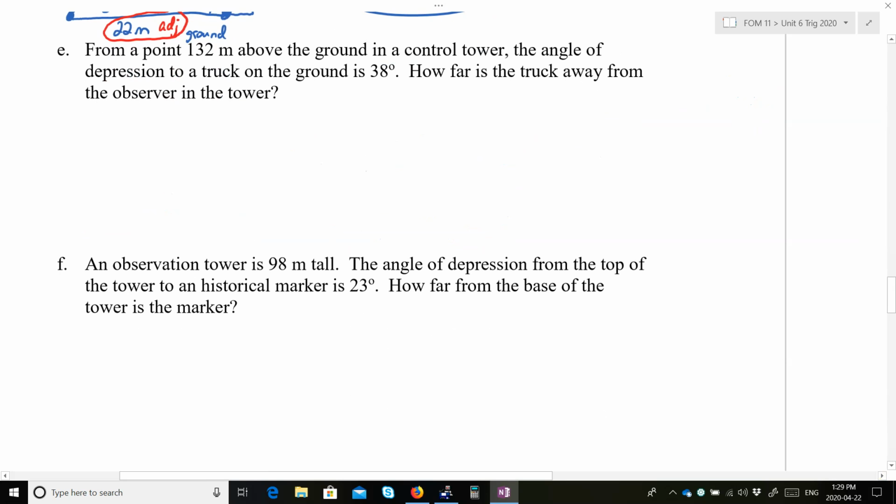Alright, letter E. From a point 132 meters above the ground in a control tower, the angle of depression to a truck on the ground is 38 degrees. How far is the truck away from the observer in the tower? Okay, so we've got this tower.